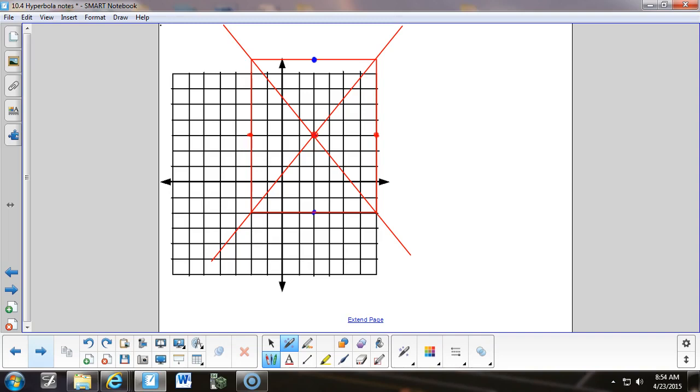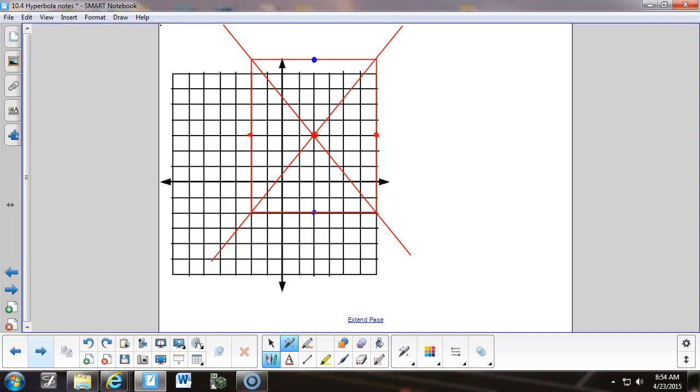The rectangle is not part of the picture. The rectangle does not belong there. But we're going to draw a rectangle because it helps us figure out where the picture is. We use the rectangle as a way to find the asymptotes, and the asymptotes help us figure out where the hyperbola goes.